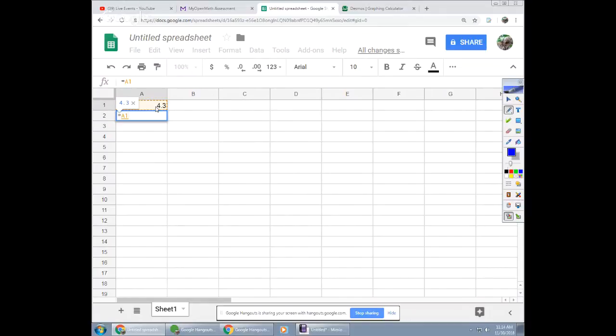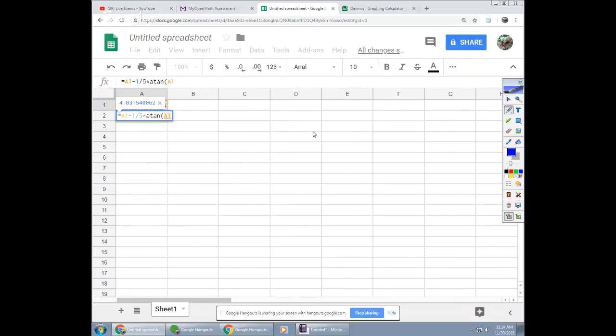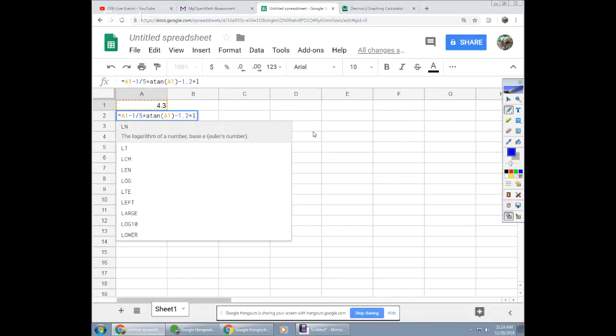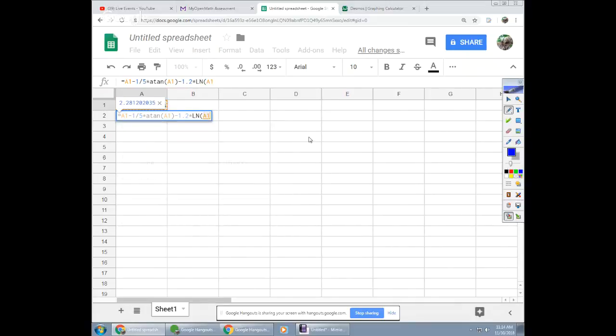So x minus 1/5 times the ATAN of x minus 1.2 times, and I can't remember what they have for log. Oh, they have an ln. Nice. So they have an ln of x. And I forgot to wrap that whole thing in parentheses, starting with the 1/5.